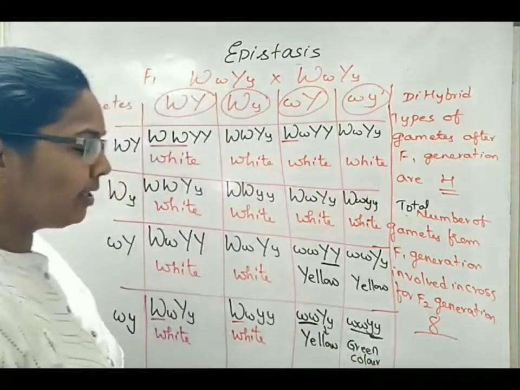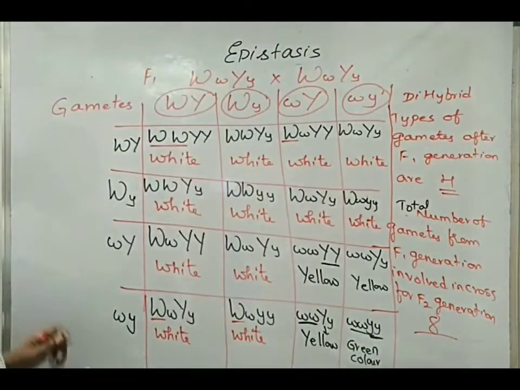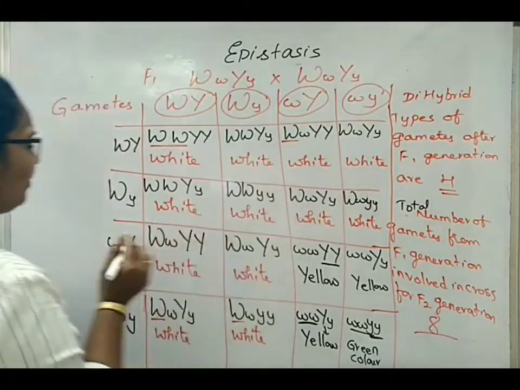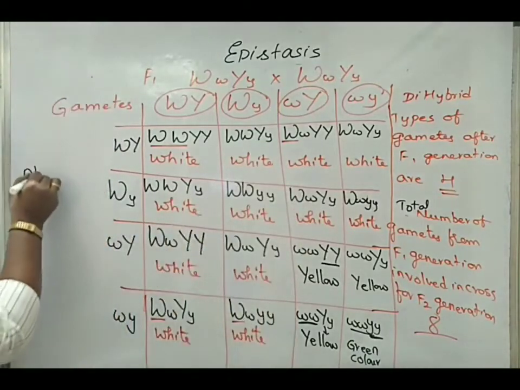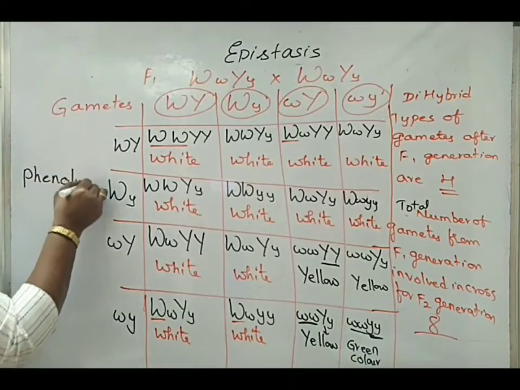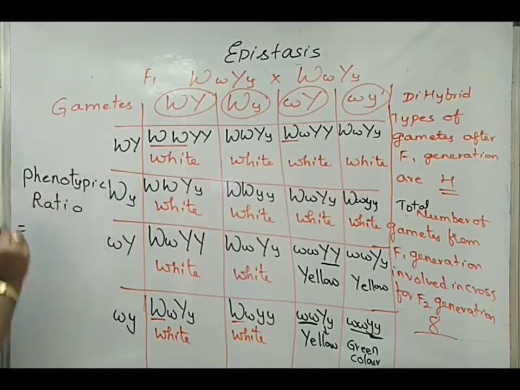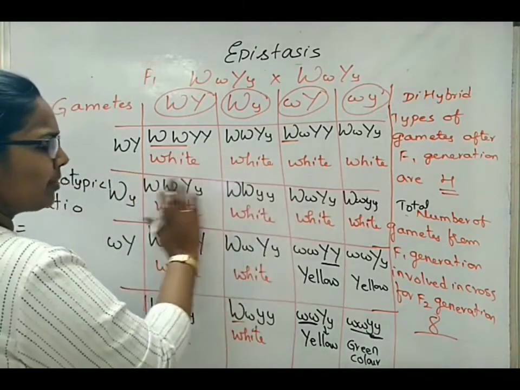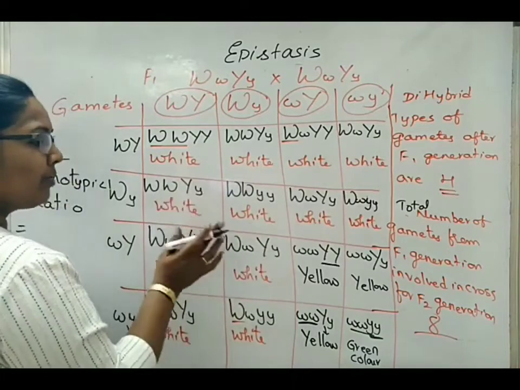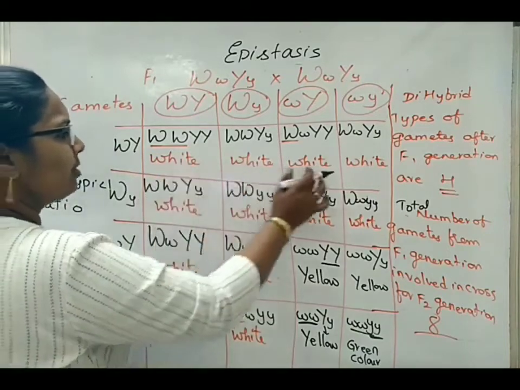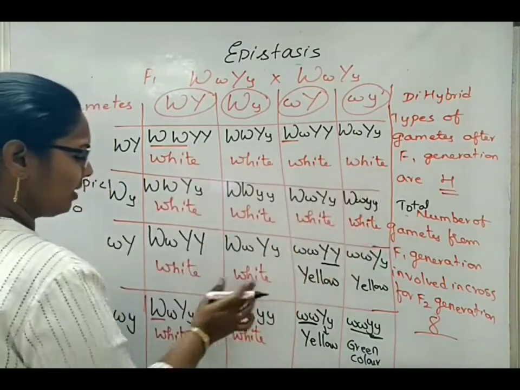Both are responsible for green color. So now, this is the expression given. Now, let's write the phenotypic ratio. Phenotypic ratio in the F2 generation: how many different types of phenotypes are there? Totally 16 here. But out of that, what are the types? 1, 2, 3, 4, 5, 6, 7, 8, 9, 10, 11, 12.